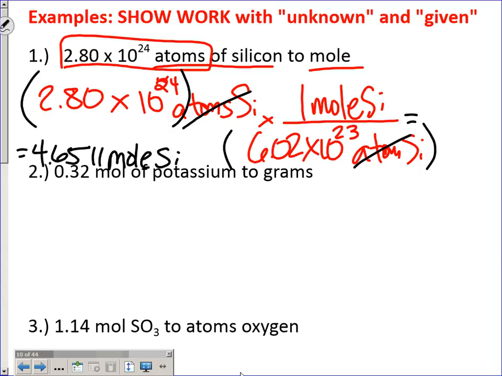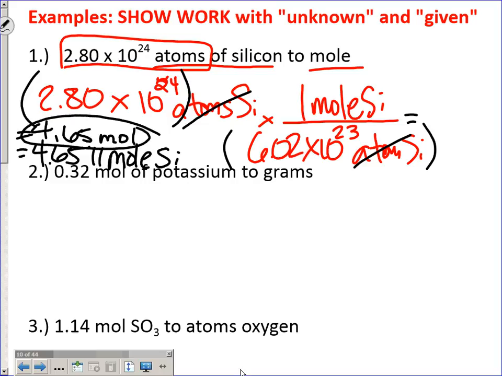Okay. So I'm going to look at sig figs now. Based on the first number, how many sig figs are in this first number? 3. And then if we had 3 or 4 here, either way, 3 would win. So what should this be rounded to? 4.65 moles. 4.65 moles is the answer, guys.